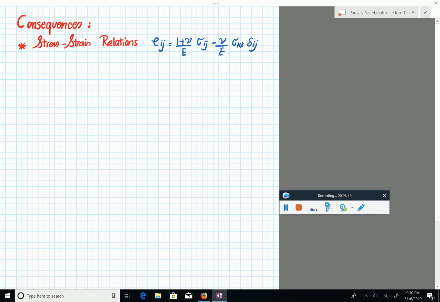So if we look at individual components, then Exx, again in the book, the author uses 1x instead of 2. I think that notation is a little bit confusing, so I encourage you not to use that and follow the notation that we use in the class. Exx would be 1 over E sigma xx minus nu sigma yy.